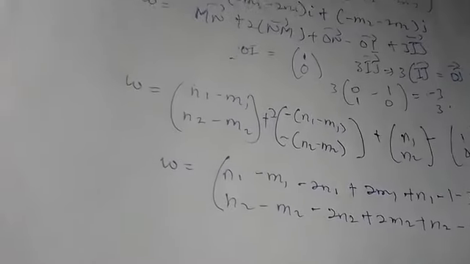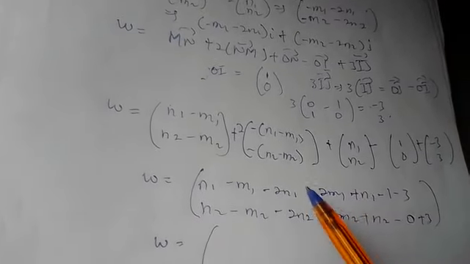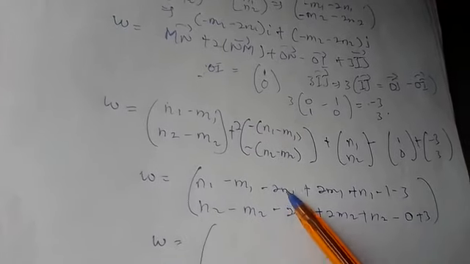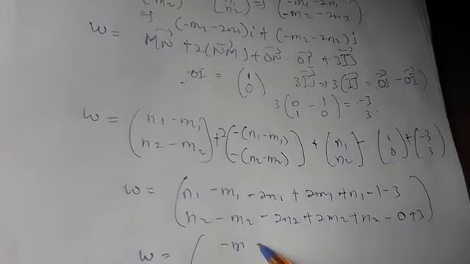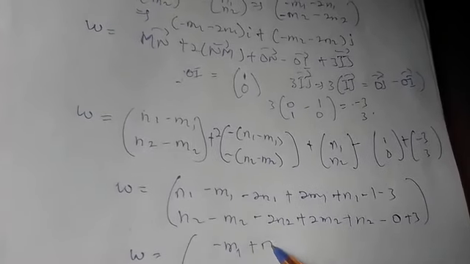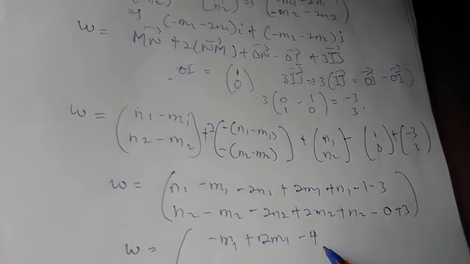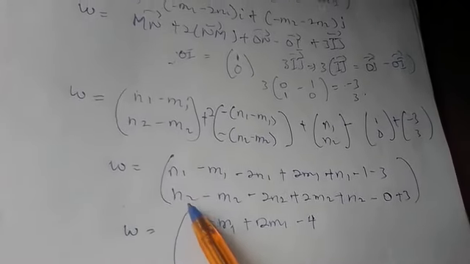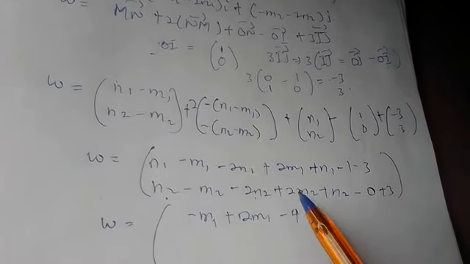Then I come down to simplify this and get w to be equal to this expression. I have n1, 2n1, and that will cancel with the negative 2n1 here. So I'll be left with negative m1 plus 2m1 here, then minus 4, like that. Then the down one, I have n2, 2n2, and negative 2n2 will cancel out.